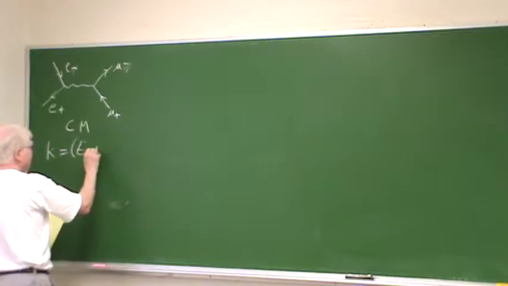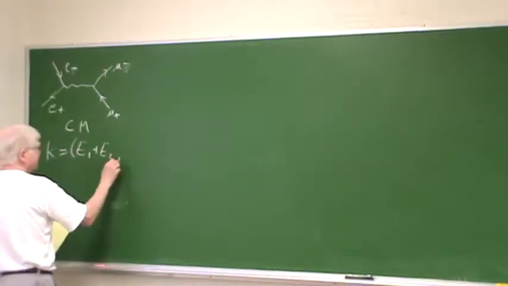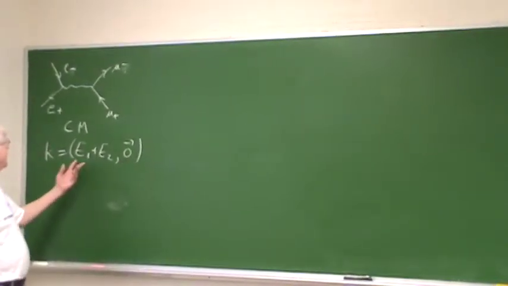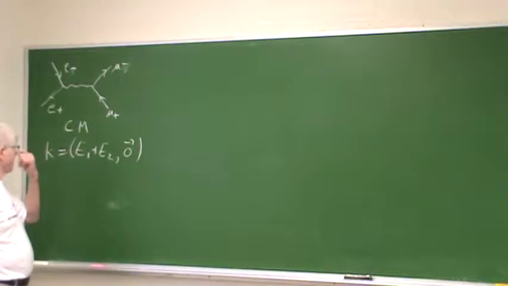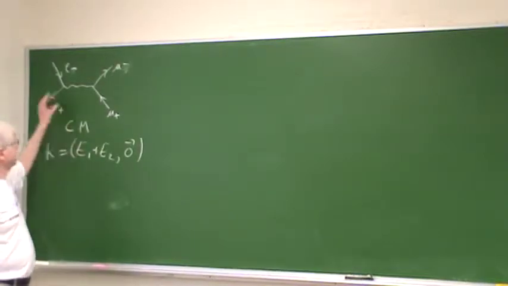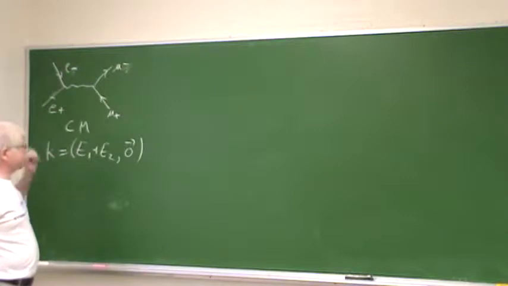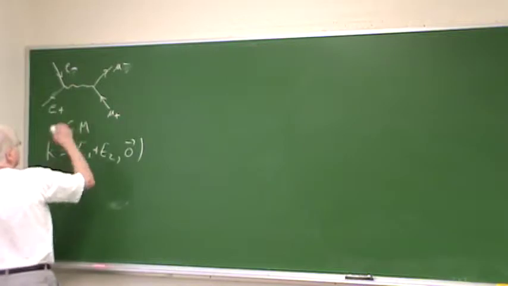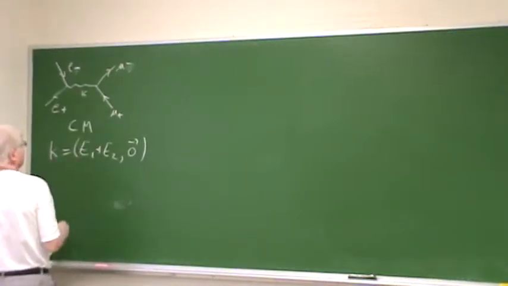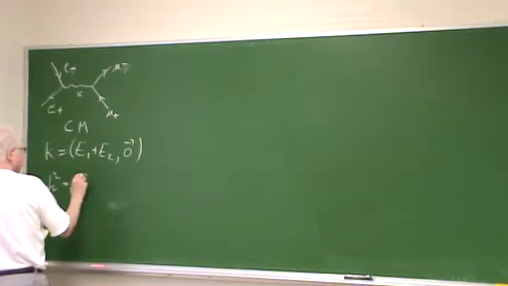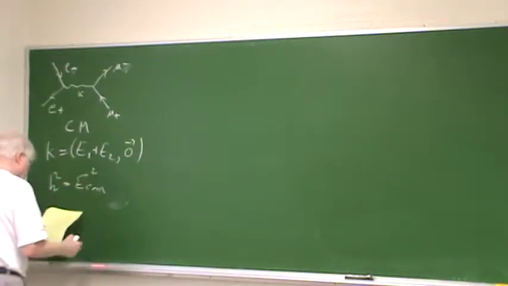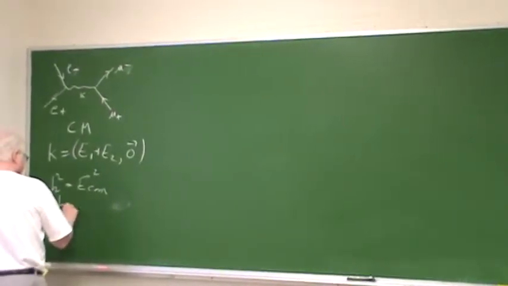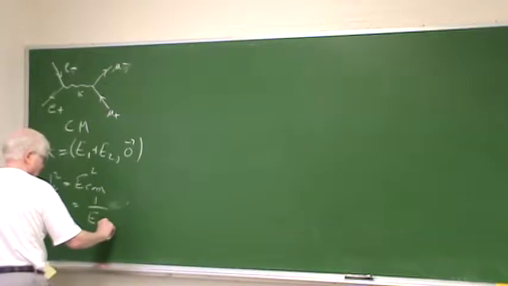Anyway, in that frame, the total three-momentum is 0, and the zeroth component of the four-momentum is E1 plus E2. And so the energy carried by the photon is K, and so K squared is just E center of mass squared. And so 1 over K squared is 1 over E center of mass squared.